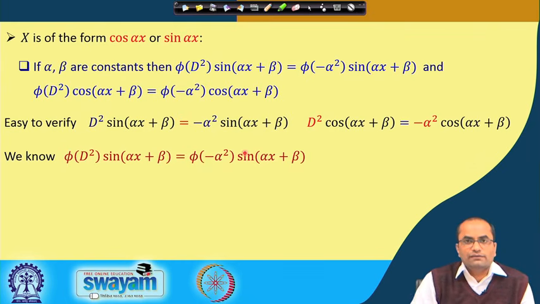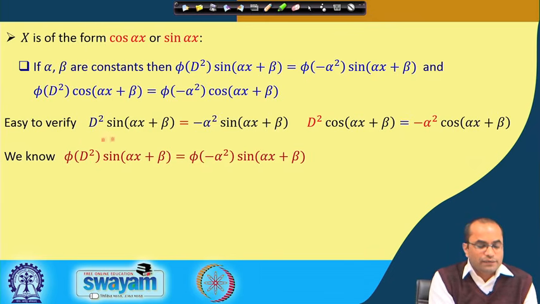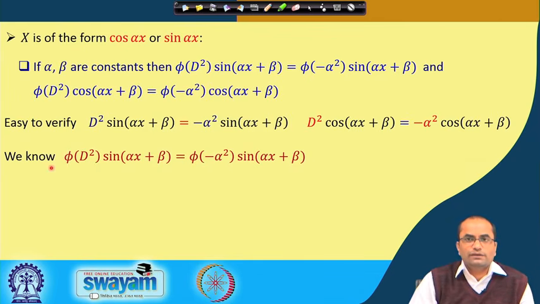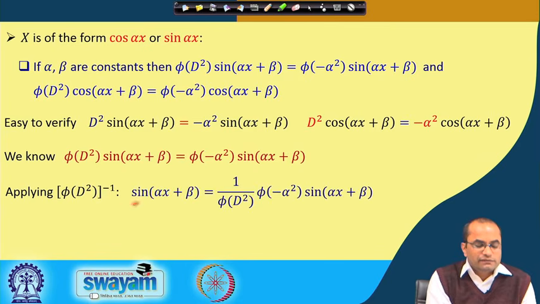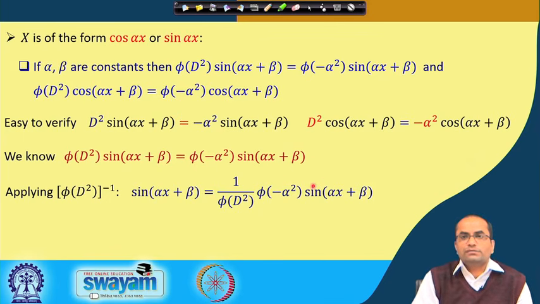Now we know that phi of d square applied on sin alpha x plus beta is equal to phi of minus alpha square times sin alpha x plus beta. We can operate on both sides with the inverse operator of phi d square. The left hand side remains sin alpha x plus beta. On the right hand side we can write 1 over phi d square applied on phi of minus alpha square times sin alpha x plus beta.